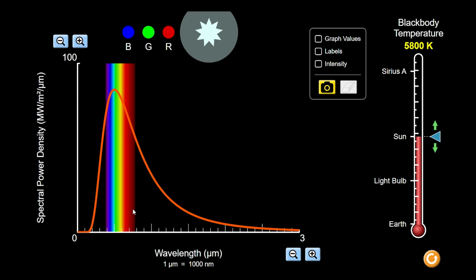So red has the longest wavelength, violet has the shortest wavelength. And so on this side, to the right of red would be infrared, and to the left, or to the shorter wavelength side of violet, would be ultraviolet. So this is the spectrum from ultraviolet to visible to infrared.